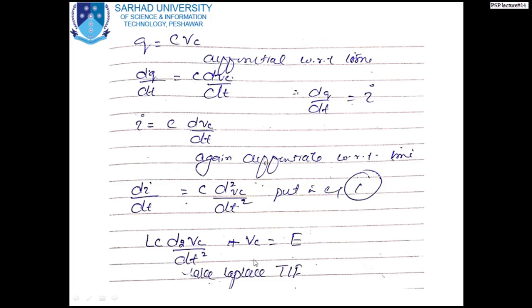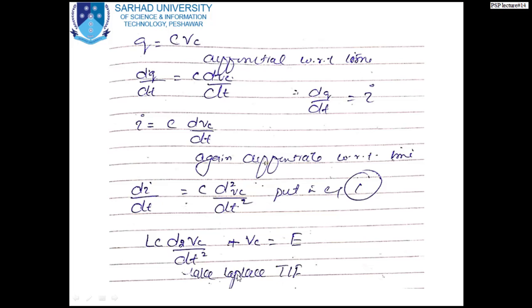Now the solution of this differential equation will be actually the voltage across the contact of the circuit breaker. We can apply any method to solve this differential equation, either the classical method or the Laplace transform method. But the Laplace transform method is a very strong method.